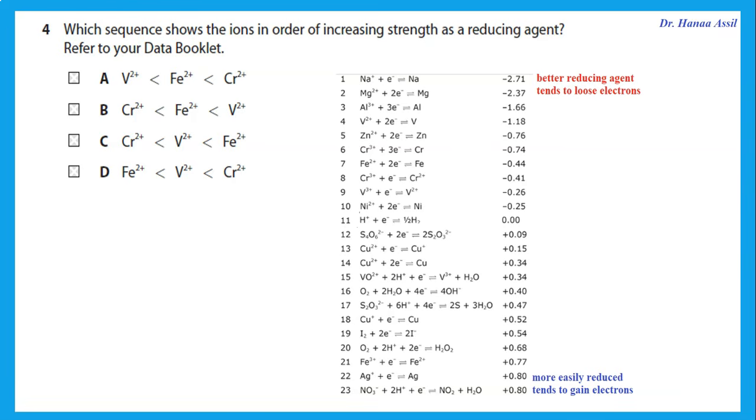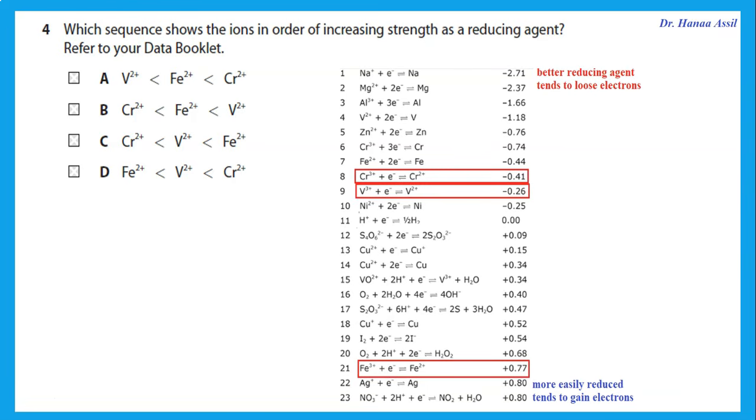So if we look at the choices that we have, we have chromium 2+, V2+, iron 2+. The ones on the top of the table would be the stronger reducing agents. We're asked to arrange them in order of increasing strength. That means the iron 2+ would be the lowest in reducing agents, then the V2+, and then the chromium 2+ would be the stronger reducing agent.